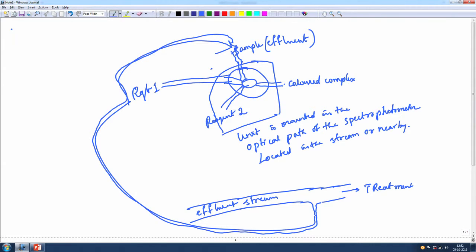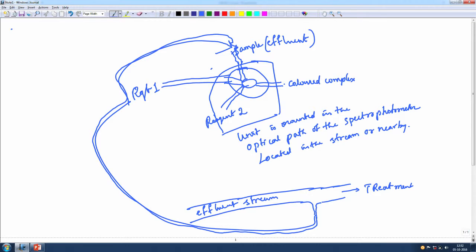Whenever there is no reagent, it will be acting as a reference solution, and whenever there is a reagent, there will be given a certain amount of time, you will be getting a color complex.